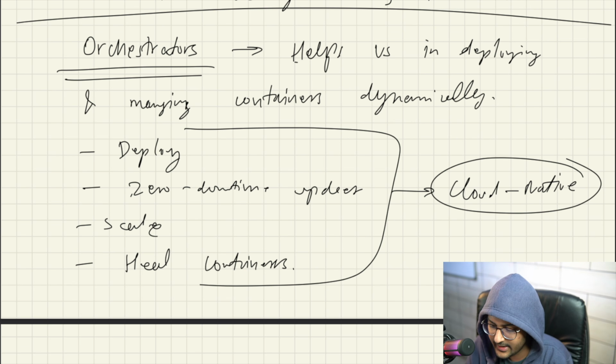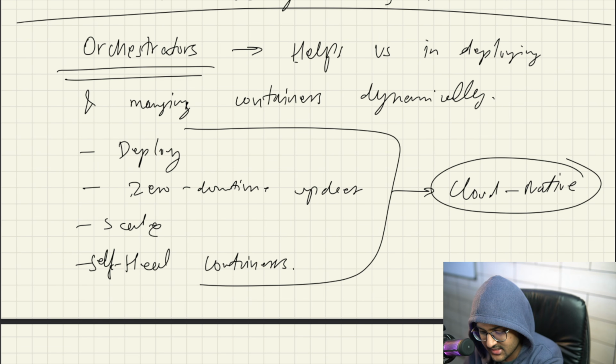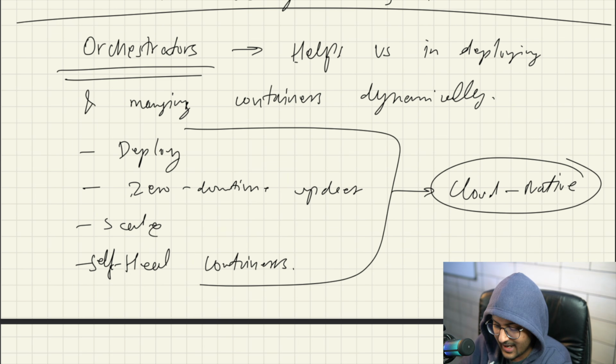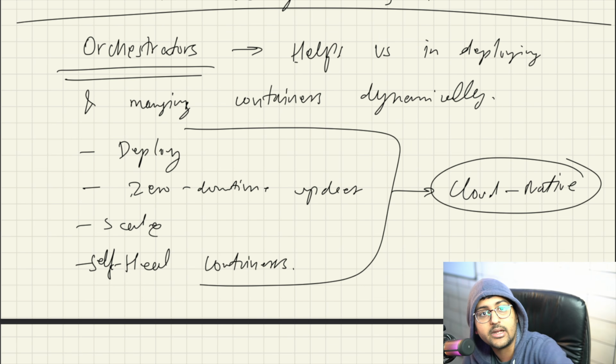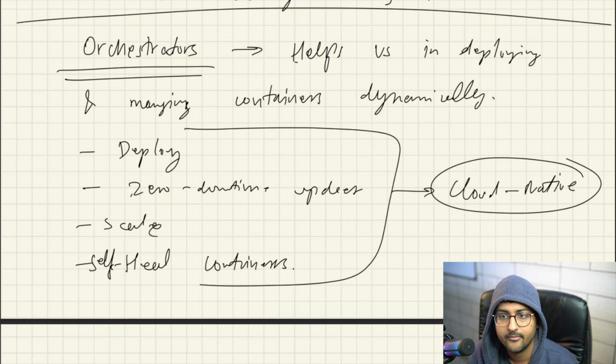What are those demands? Deploy, zero downtime updates, scale, self-healing applications that follow all these principles, and applications that can run on top of Kubernetes. That is the most important point. These are known as cloud native applications.